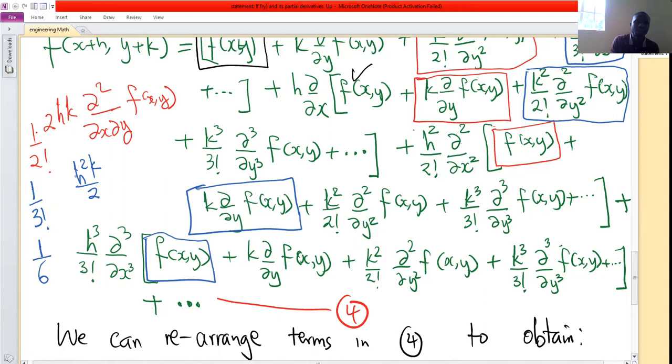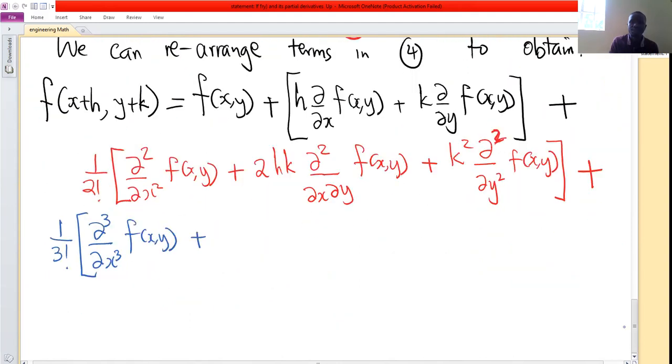Then I have to multiply this one by 3, so that 3 times 1 over 6 gives me a half. Therefore the coefficient for this mixed partial derivative, because I've introduced a bracket, will now be 3 h squared k, and then partial cubed, partial x squared, partial y, f of x y.